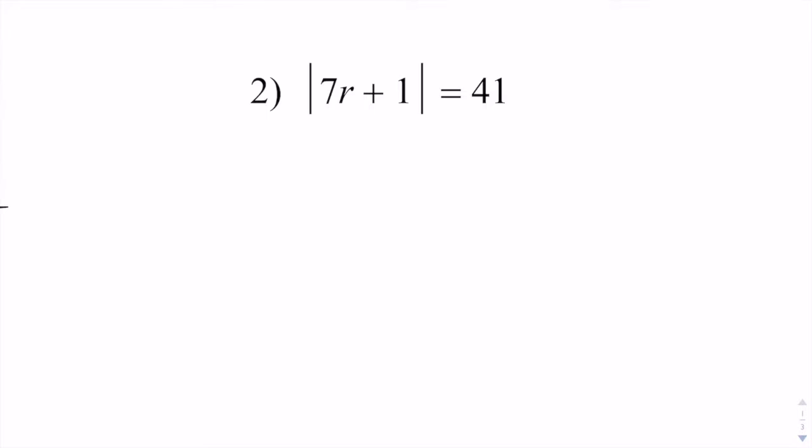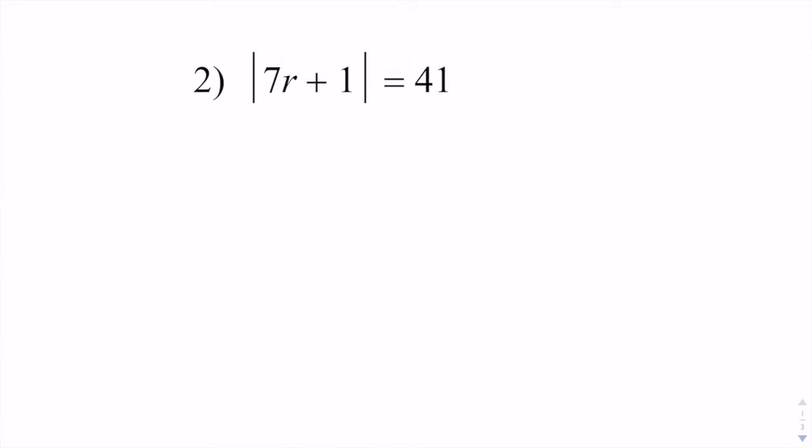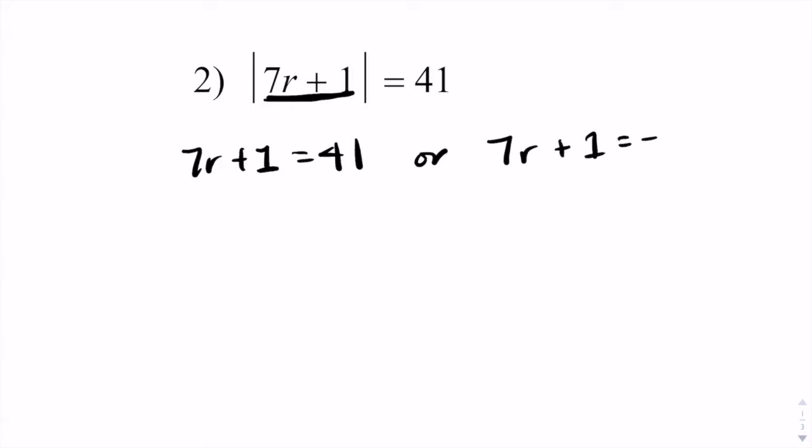So for number 2, we're going to do the exact same thing. The absolute value is isolated, so we get what's inside and equal it to positive 41, or either 7r plus 1 is equal to negative 41. And we're going to solve the two equations.